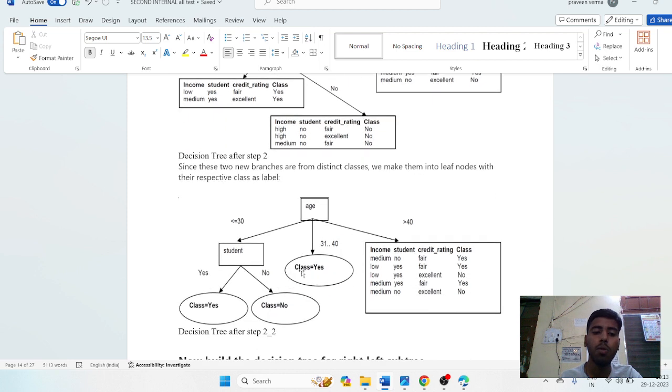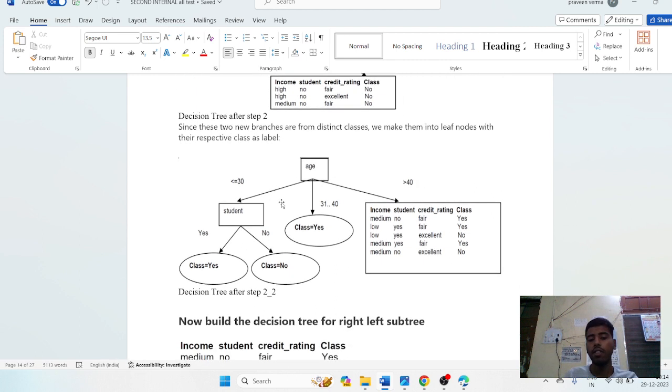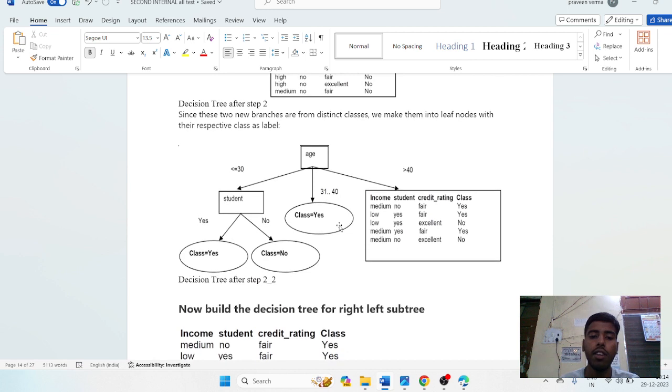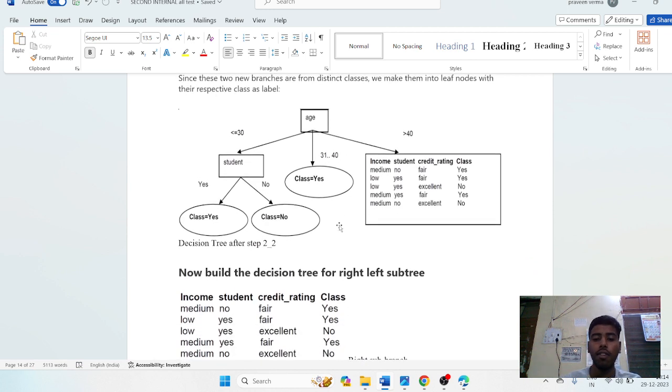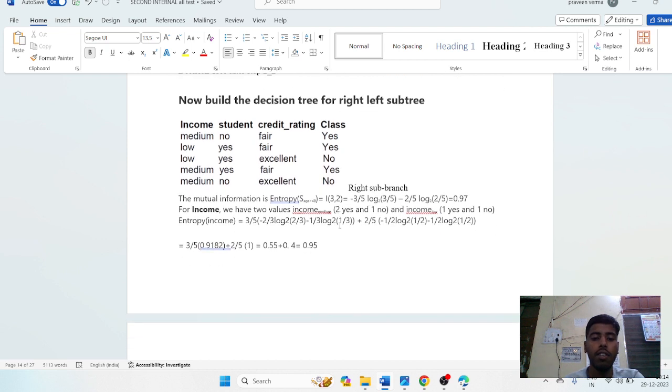Decision tree after step 2. Since these two are from distinct classes, we make them into leaf nodes with their respective class as label. Here is the decision tree after step 2. Now, in step 3, we build the decision tree for the right subtree, where income, student, and credit rating is the table.